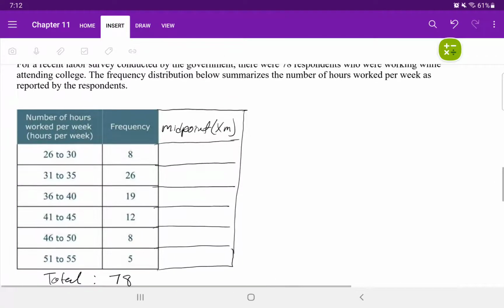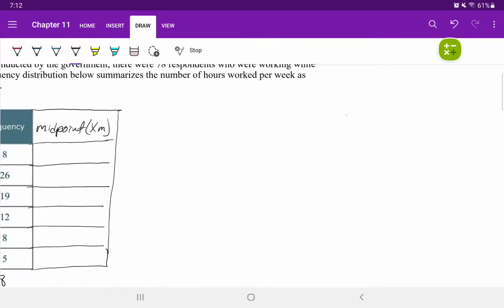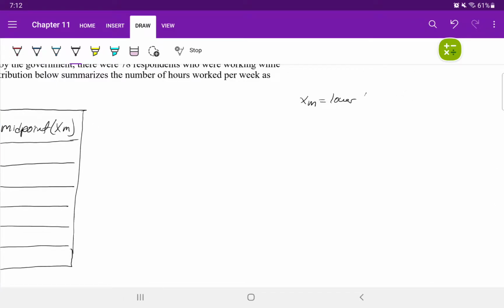Let's write it here as well. X of m equals the lower class limit plus the upper limit divided by 2.